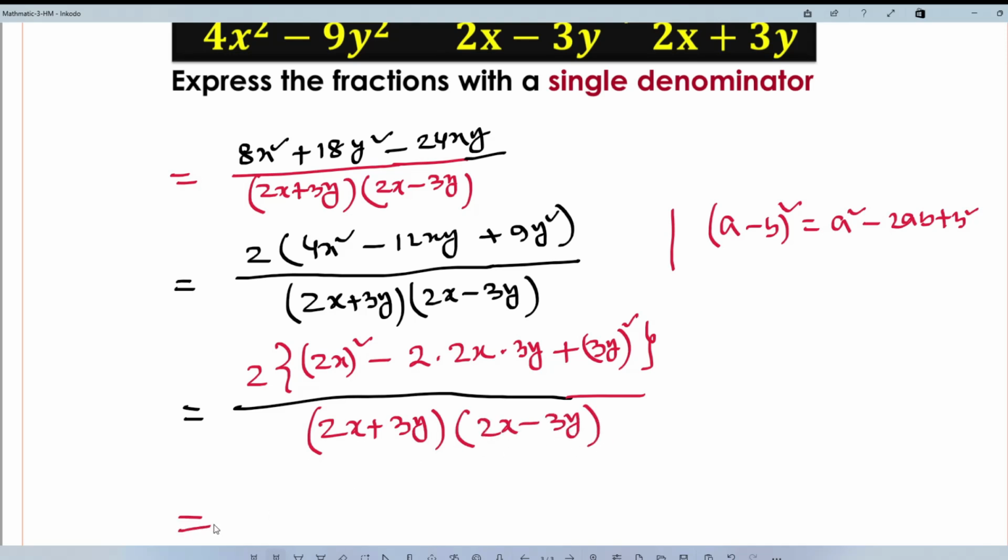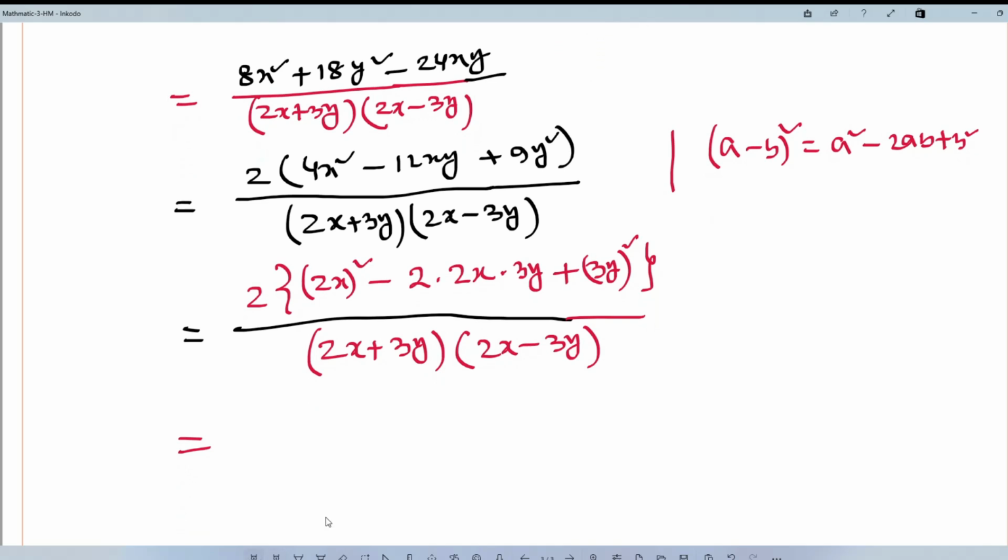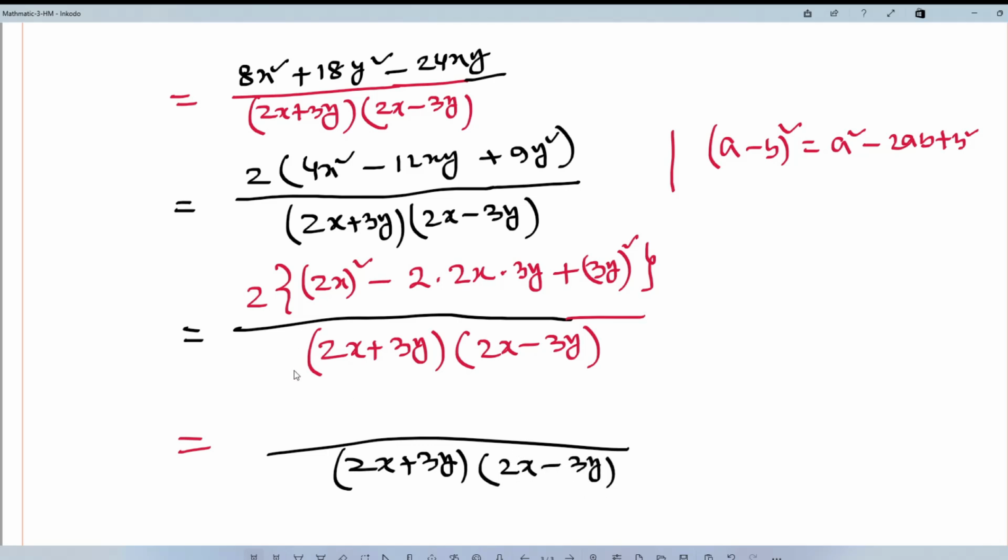Now look, over (2x + 3y)(2x − 3y), the numerator is 2 and this one we can write as (2x − 3y)². Here we have (2x − 3y) squared, and we also have 2x − 3y in the denominator, so we cut it, and the remaining is 2x − 3y.